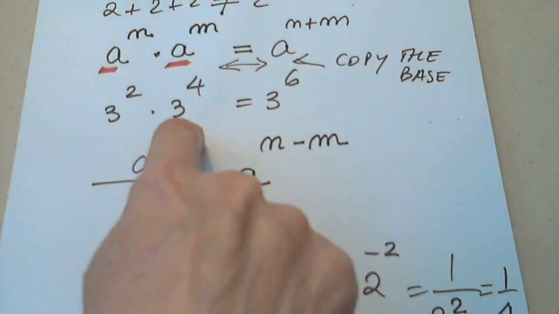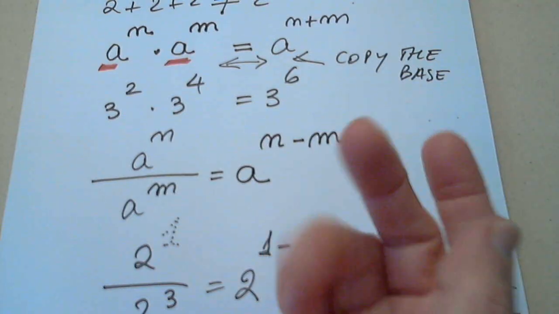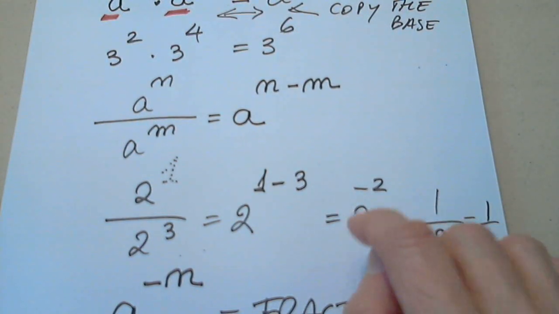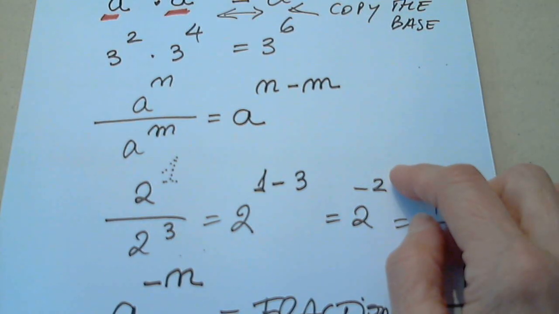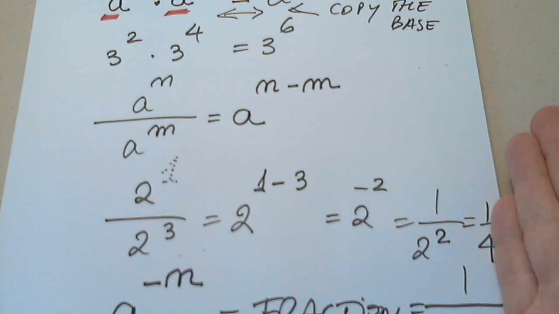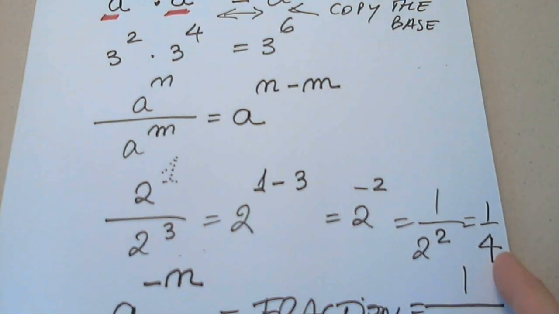From the exponent of the numerator, we subtract the exponent of the denominator. If it happens to get a base to a negative exponent, most of the time we are required to write it as a fraction. What fraction? 1 over 2 to the positive exponent, and then change it in this case into 1 over 4. So we looked at 3 rules so far.